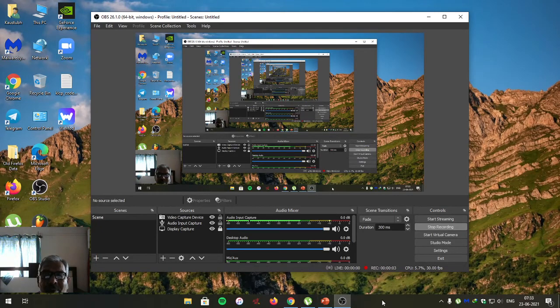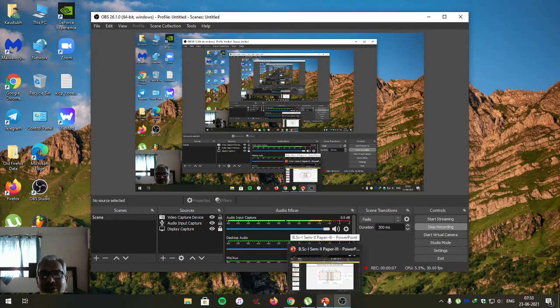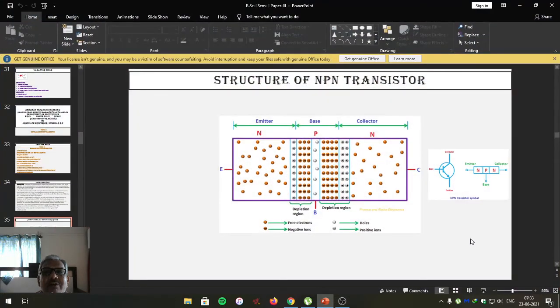Student friends, in yesterday's lecture we started with topic number 3, and that is BJT. It can be expanded as bipolar junction transistor, where we have studied that it is a semiconductor device in which there is a transfer of resistor that takes place.